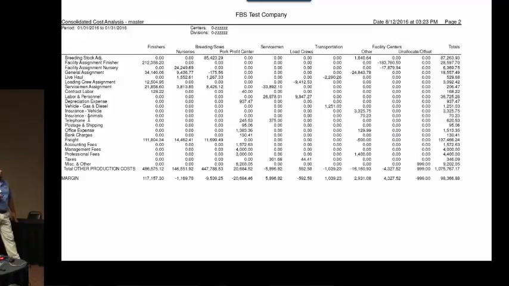Same goes for servicemen. $26,000 of cost, and they whipped out $33,000. So they whipped out more than they needed to. This one here is facility centers. They still got $4,000 whipped more than they did.